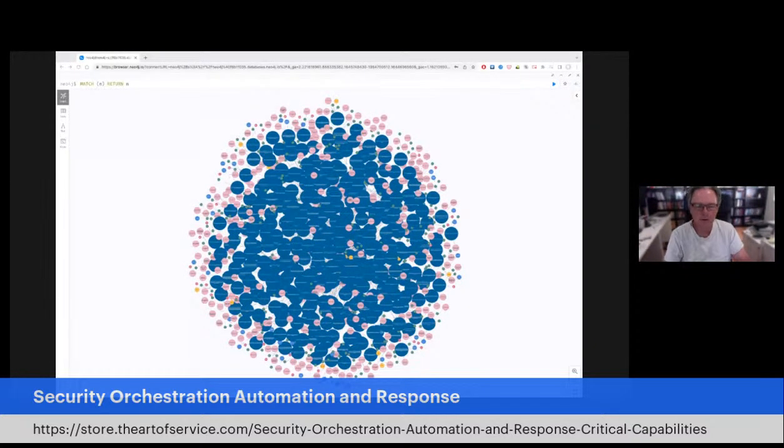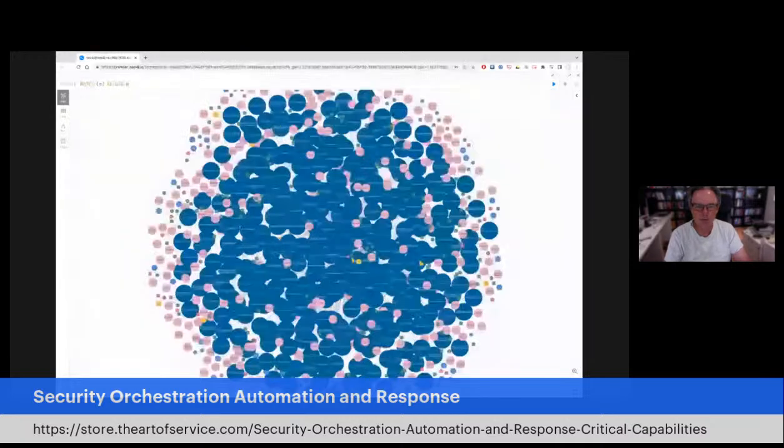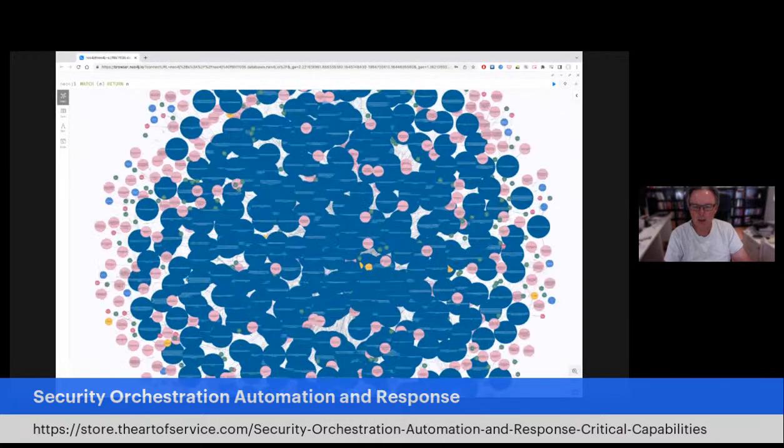There we go. That's the whole hairball of the critical capabilities of SOAR. Now, I don't know if my browser wants to cooperate, but we'll see. We can zoom in a bit. No, zooming in is good. So you can get an idea of everything in the SOAR critical capabilities.